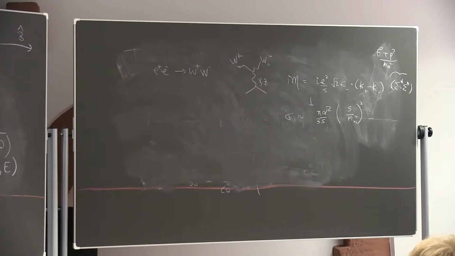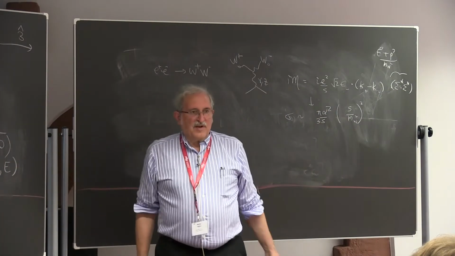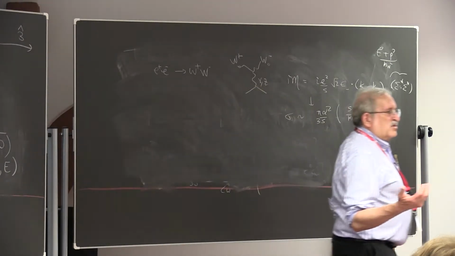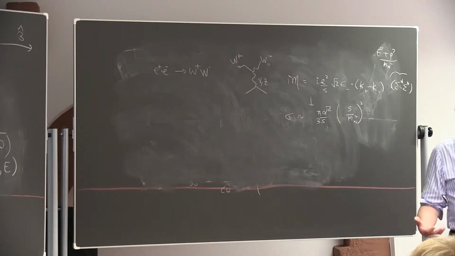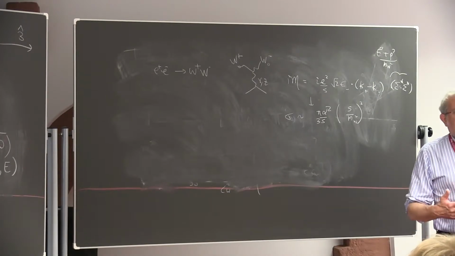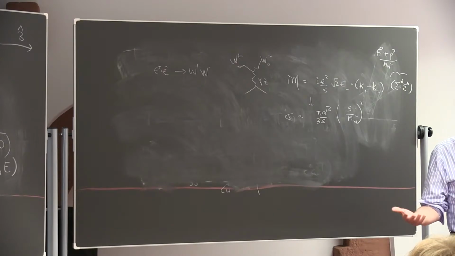So this is a question that we have to address. If you have these longitudinal polarization vectors, they have elements which are proportional to E over m_W. And E over m_W can become as large as you like. So in physical predictions, are those elements there or not? And this is a question that I'd now like to explore.